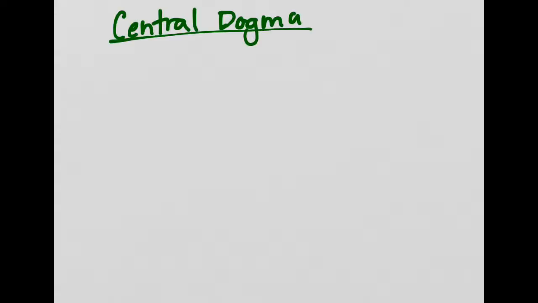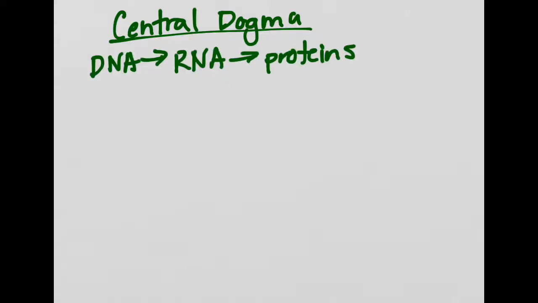Back at the beginning, I told you I was also going to tell you about something called the central dogma. This is an idea in molecular biology, and it describes two processes called transcription and translation. This is the way that information in genes flows into proteins. It states that DNA will be transcribed into RNA, and then that RNA will be translated into protein.